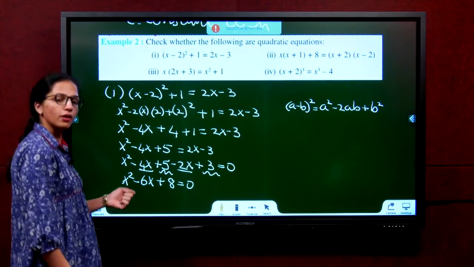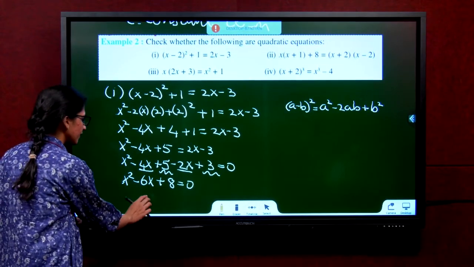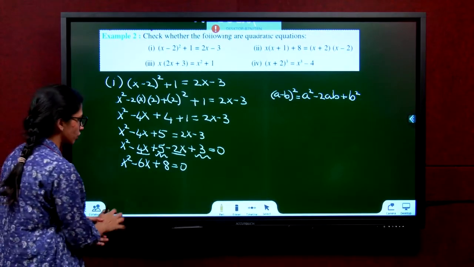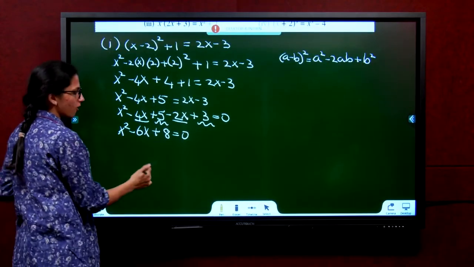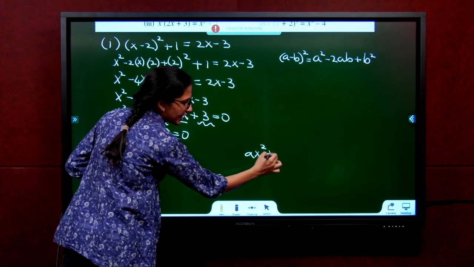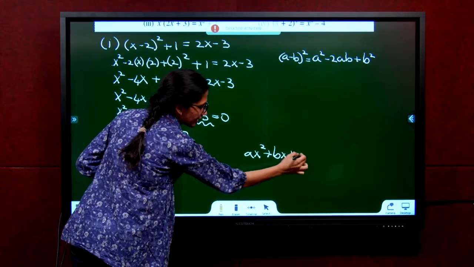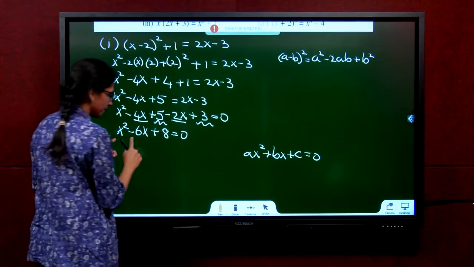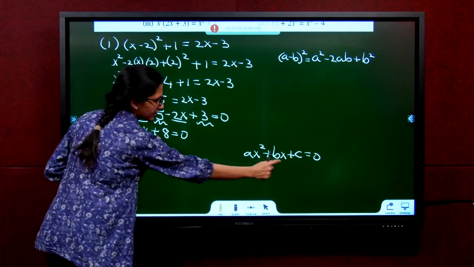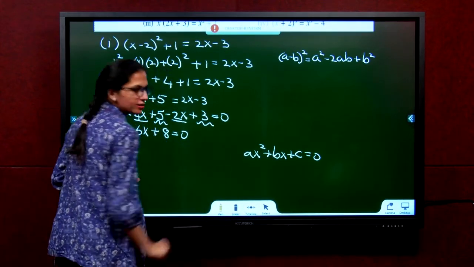Is this a quadratic equation? How do we know whether it's a quadratic equation? Is this of the form that we just learned? ax square plus bx plus c is equal to 0. Is it of the same form? Yes, it is. There's an x square term, there is an x term, there is a constant term c.